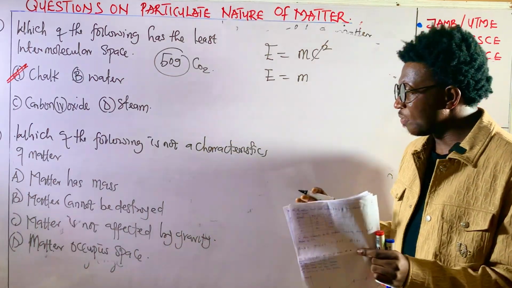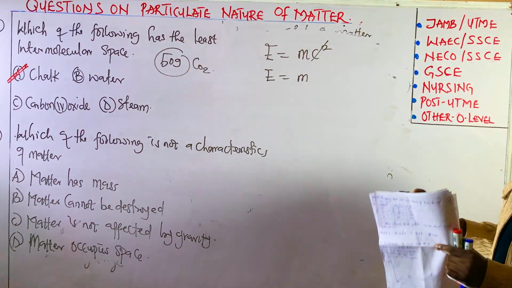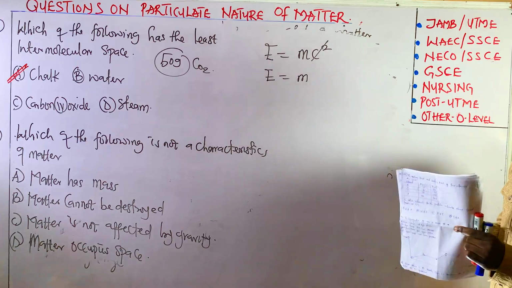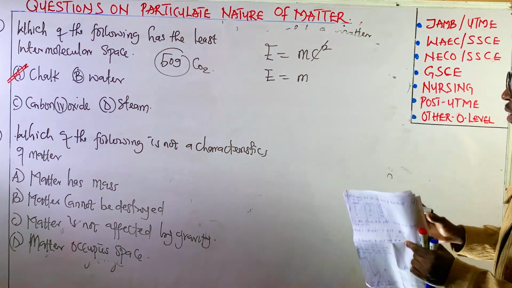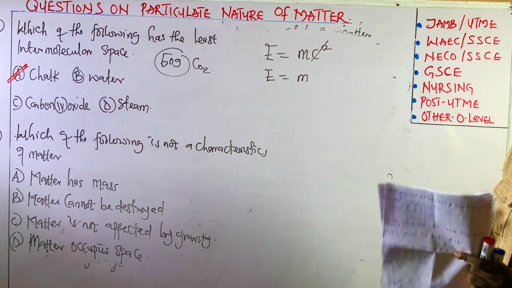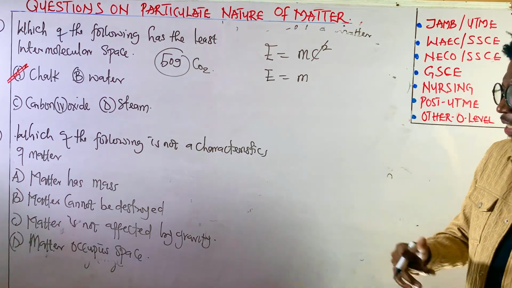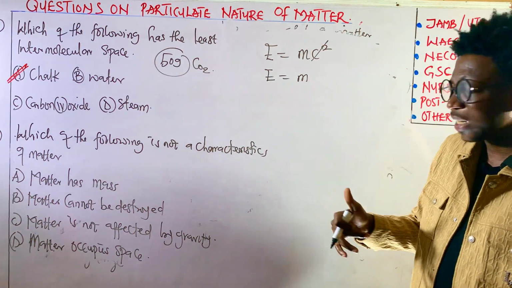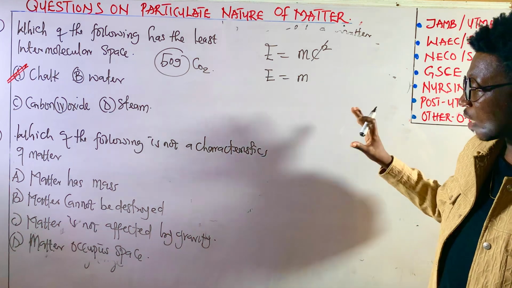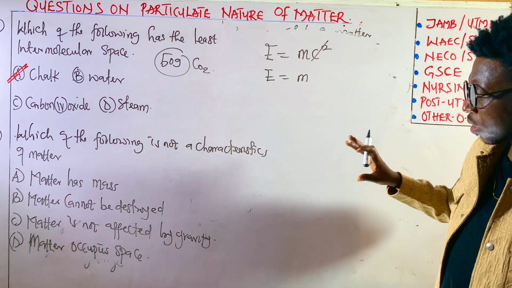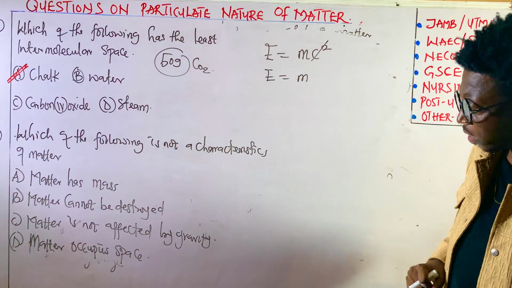So if energy can neither be created nor destroyed, we are also saying that matter can neither be created nor destroyed. And in a broad sense, matter contains mass. Are you seeing now? So anything that has mass is what? Matter. So if energy can neither be created nor destroyed, mass cannot be created nor what? Destroyed in a chemical process.